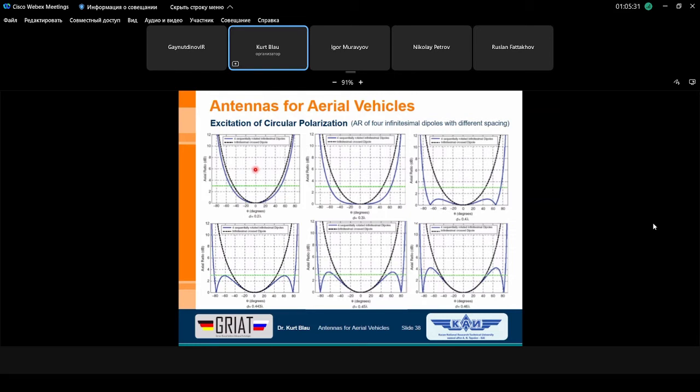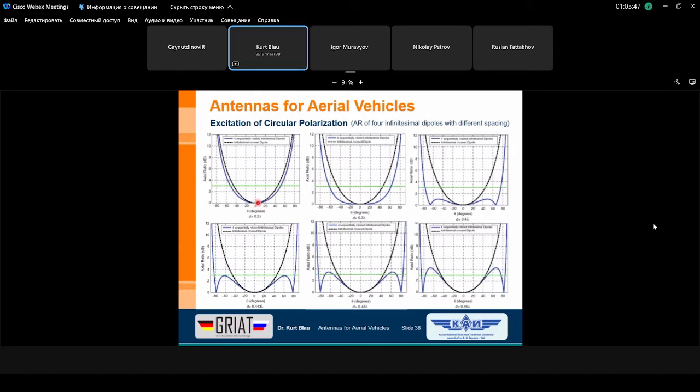Okay, this is the perfect case exactly in the middle of our radiation diagram, meaning we look straight to the radiation direction.